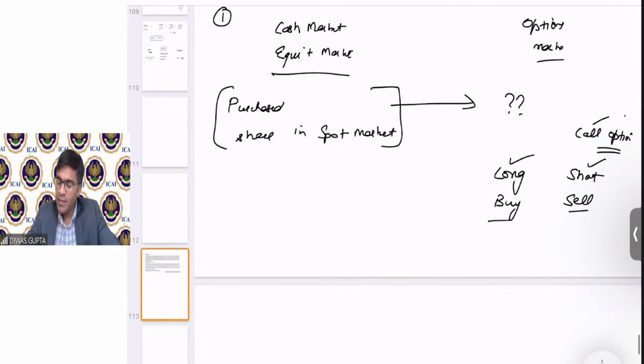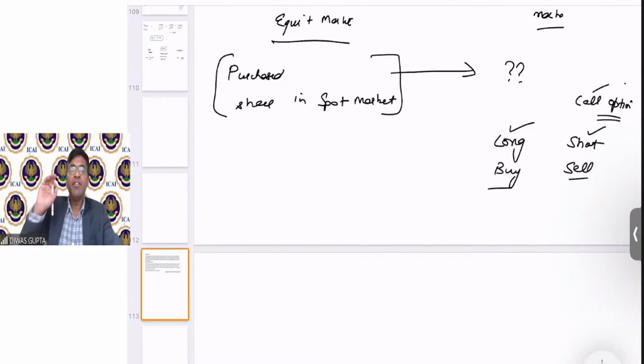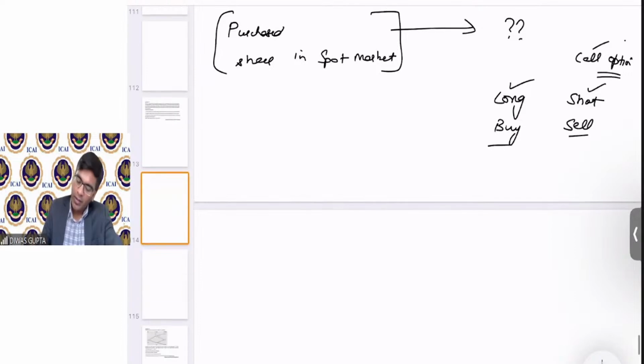Okay. So, students, hear me out. Whenever you are in this situation, think very logically and calmly. First of all, you are in the equity market, you have purchased the shares. If you have purchased the shares, which type of risk are you facing? Yes, Suraj, you're right.